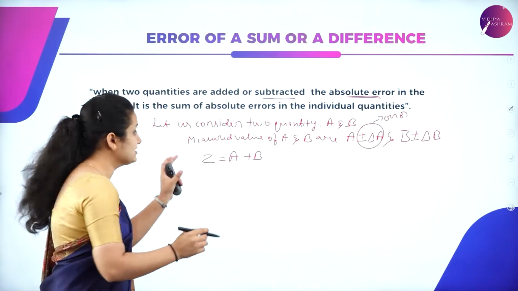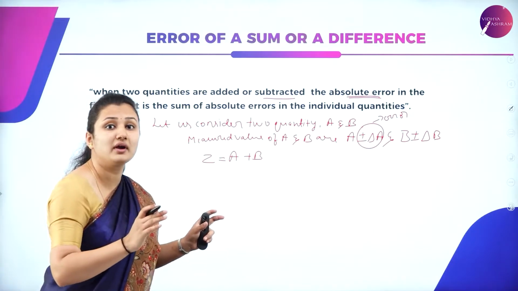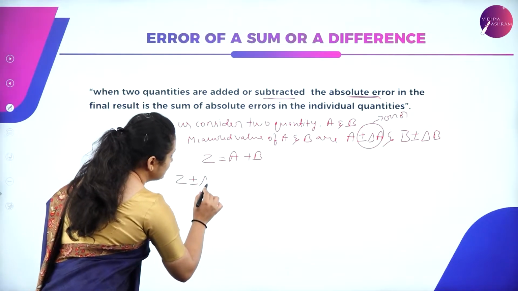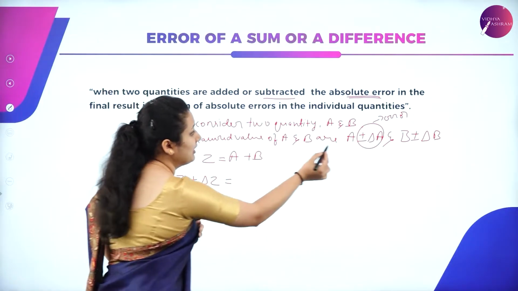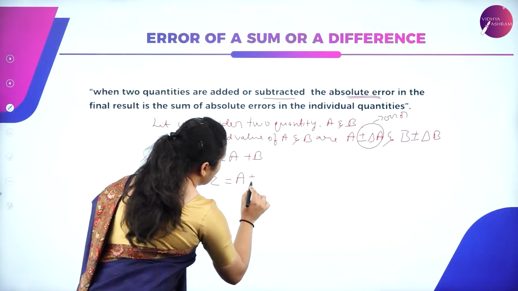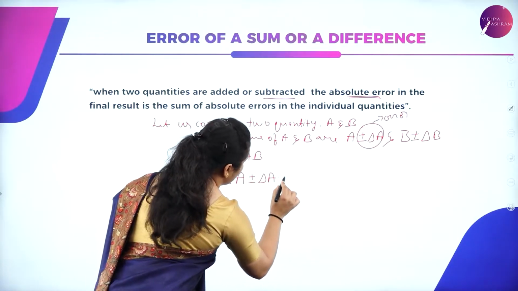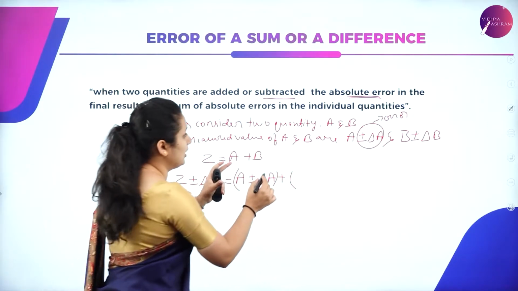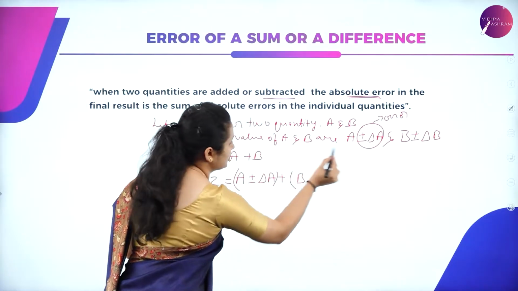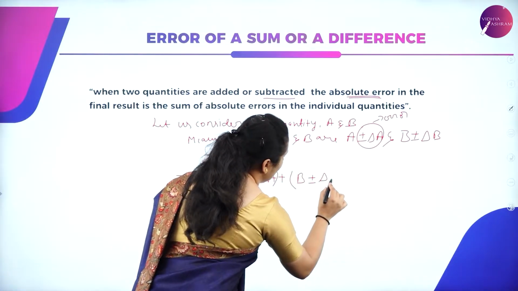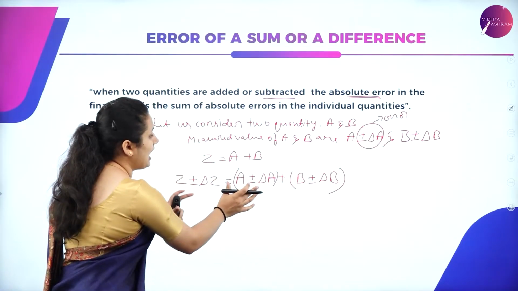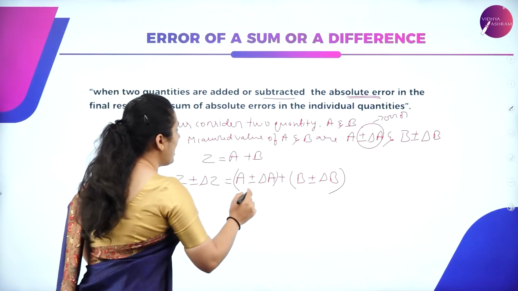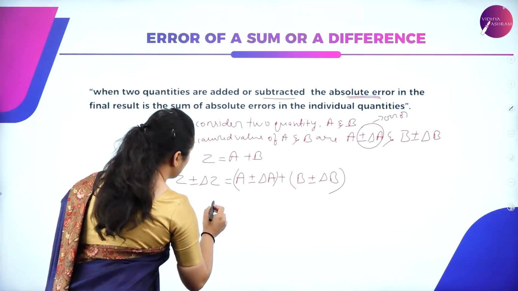So, Z plus or minus delta Z is equal to, what will be my A now? A is nothing but A plus or minus delta A, plus, what is my B now? The measured value B can be substituted as B plus or minus delta B. After the measurement, you will reduce the equation. Now, how will you add this?